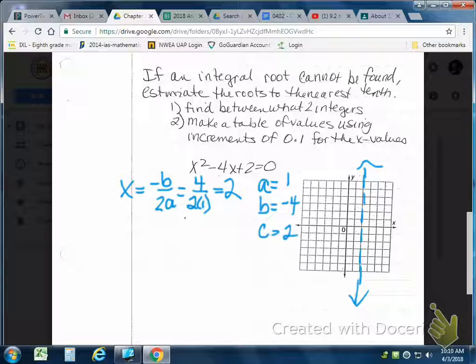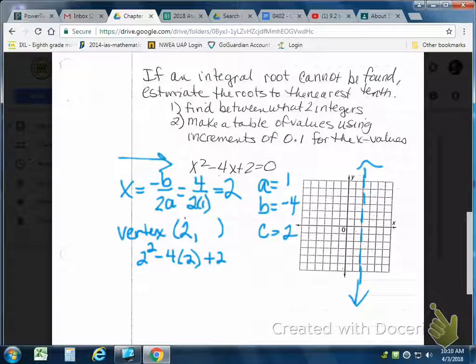Next we go on to the vertex. We have half of the vertex already done. Which half? The x is 2. You plug that into this equation. So 2 squared minus 4 times 2 plus 2.